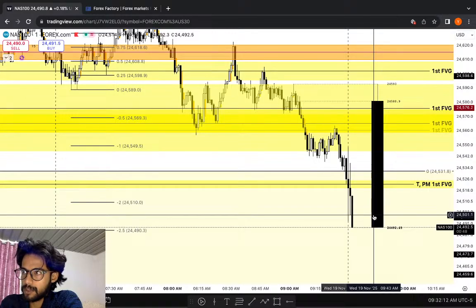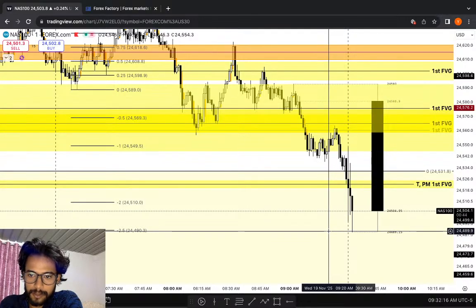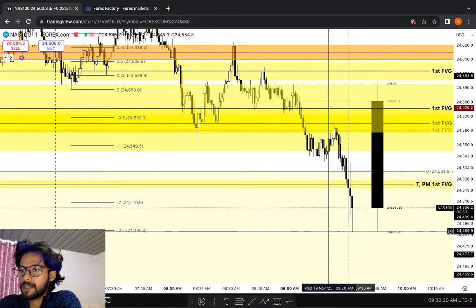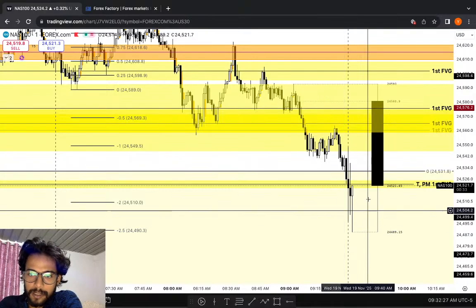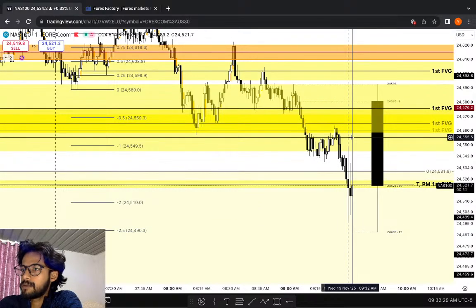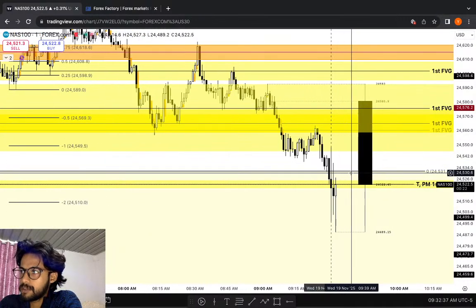Trying to move lower. We have reached this 2.5. Now let's see if we can do one push higher. Let's see if we can break the highs now. If you can do that, this candle is really important, how it closes.